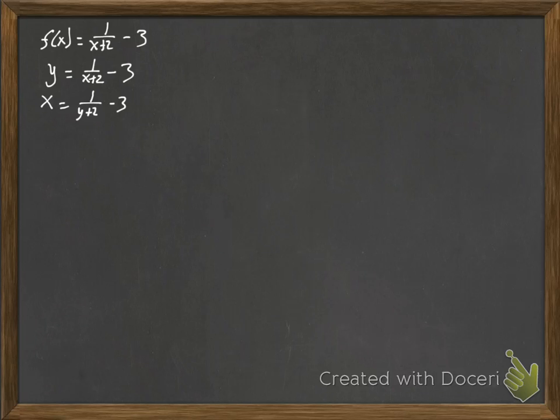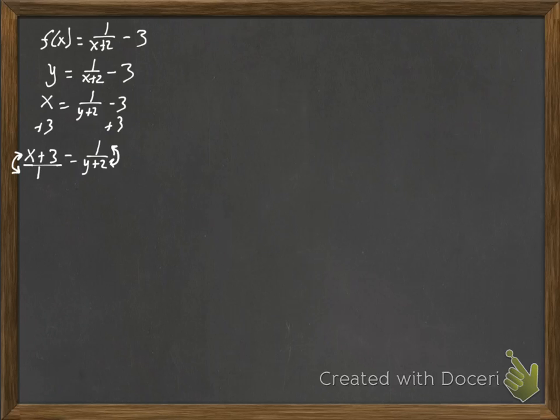And now I need to get the y by itself, so add 3, and I have x plus 3 is equal to 1 over y plus 2. Now then, I'd really like that y plus 2 to be on the top. So I would like to do the reciprocal of this side, to switch these. If I do that, then I also need to do the reciprocal of this side over here.